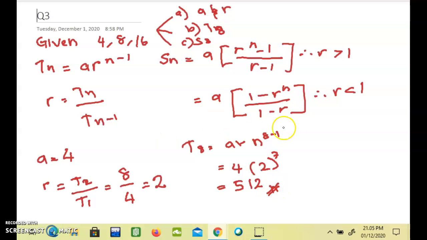Now we are going to find the answer for S8. We know R is greater than 1, so I'm going to use the formula above here. So your formula will be written like this: 4 times 2 to the power of 8 minus 1, divided by 2 minus 1.